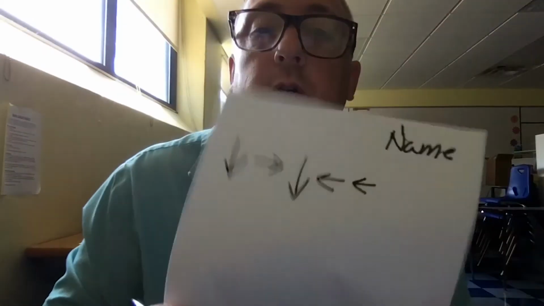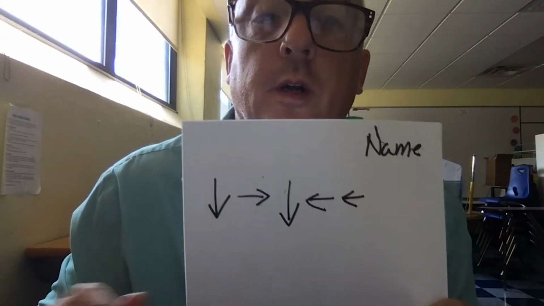So I see I have to go down 1 and to the left 2. Down 1 and to the left 2. You see that? So I write that. Down 1, and to the left 2 times. Now you could put a 2 next to the arrow like this.